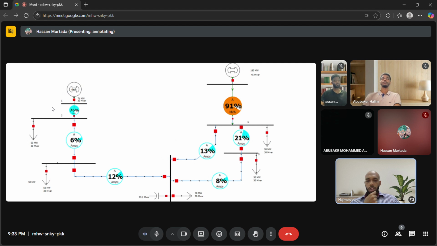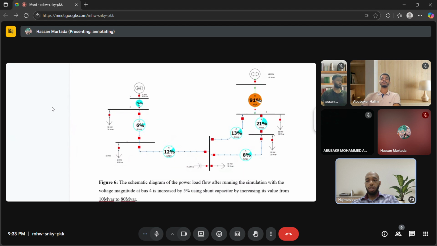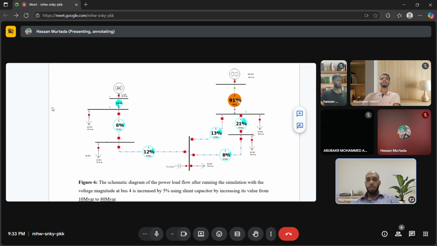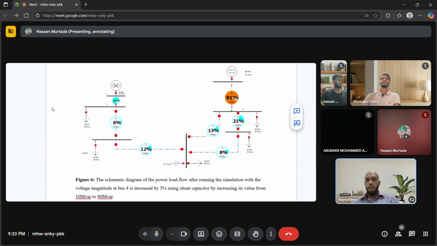The best solution in this case is to provide local reactive power. To fix this, we increase the shunt capacitor at bus 4. Originally it was set at 10 MVAR. We bumped it up to 80 MVAR, which is a 70 MVAR increase. This addition acts like a reactive power source at the load end.